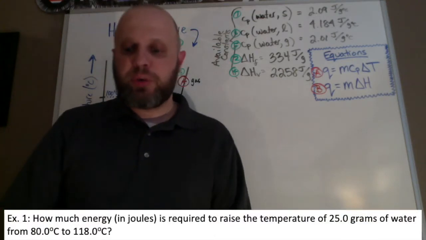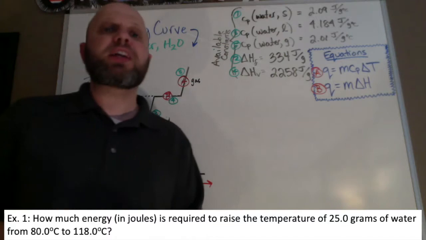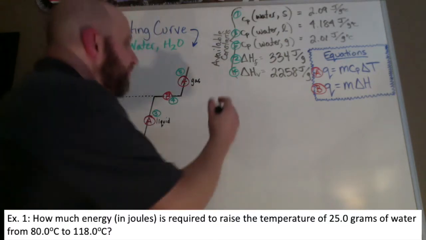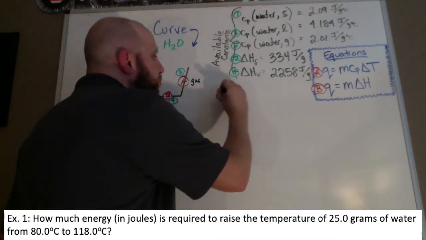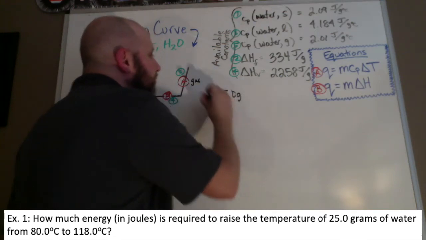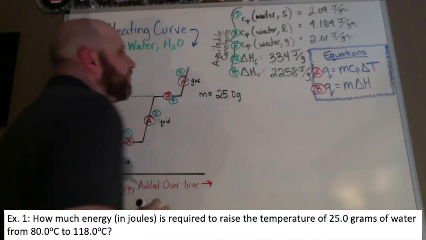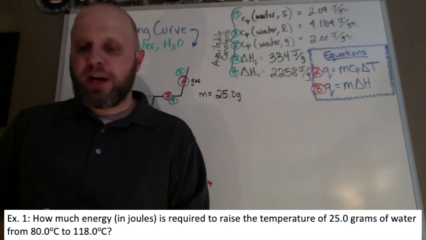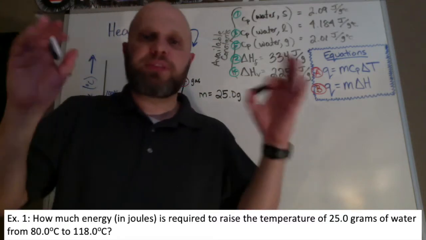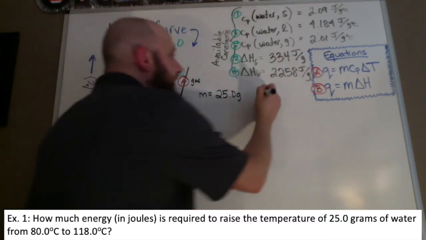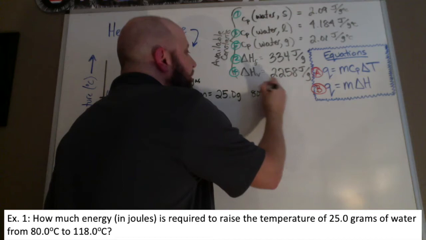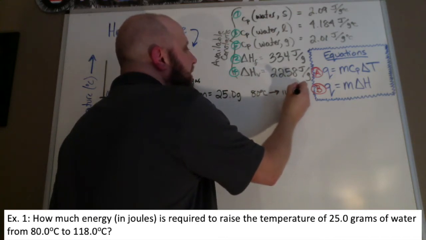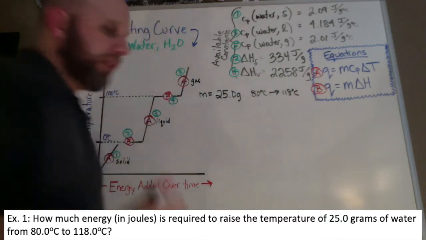In this question, we are going to look at the amount of energy required to take 25.0 grams, this is our mass, and change its temperature. In this fictitious problem, we want the temperature to change from 80 degrees Celsius up to 118 degrees Celsius.